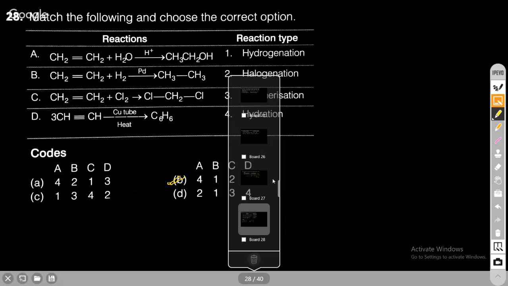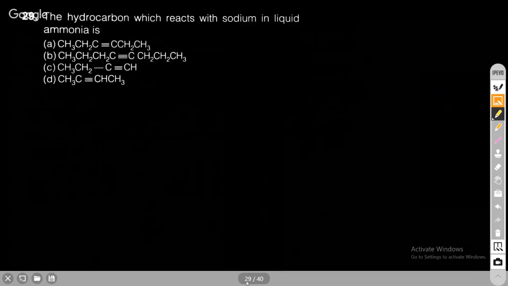Next question, you see, question number 29. The hydrocarbon which reacts with sodium in liquid ammonia. It is also a direct question, and we have discussed this also so far.